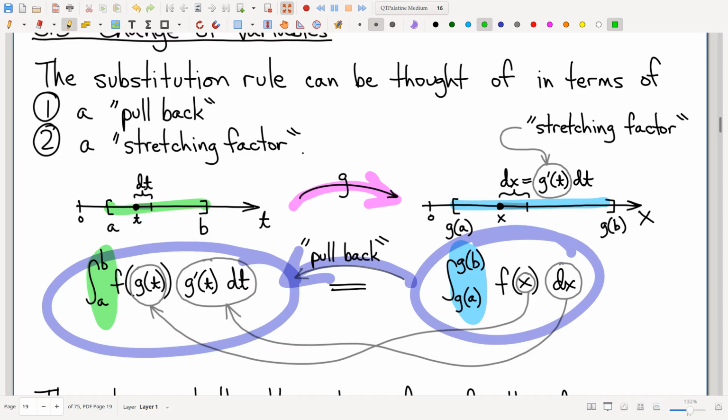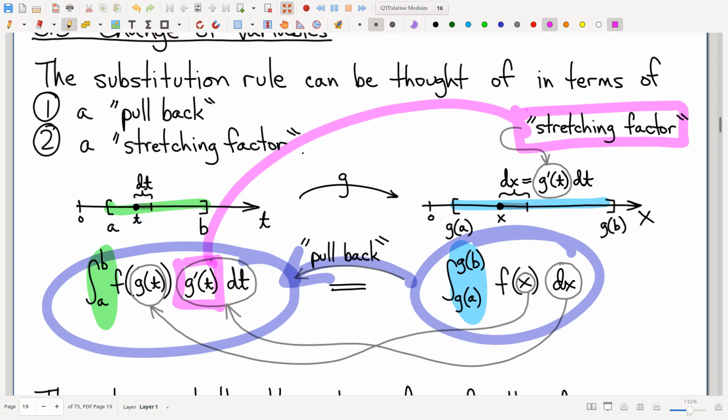And roughly speaking, other than making sure that this is the image of that, and some plugging in the algebra, the main thing that we have to remember in the process of doing this is don't forget to insert your stretching factor. Okay, so here we go.